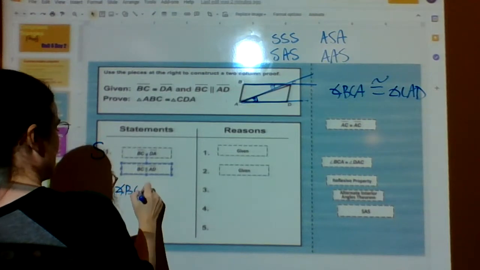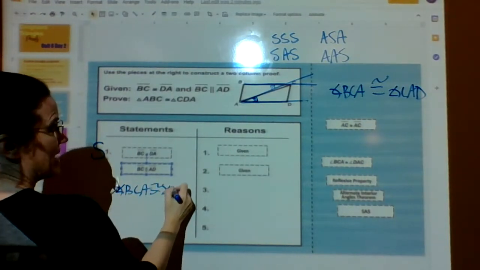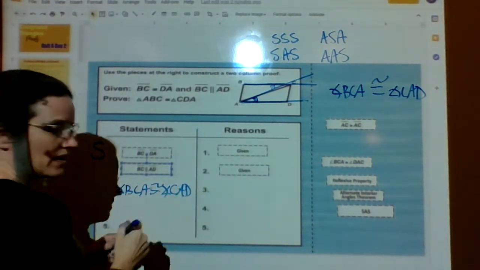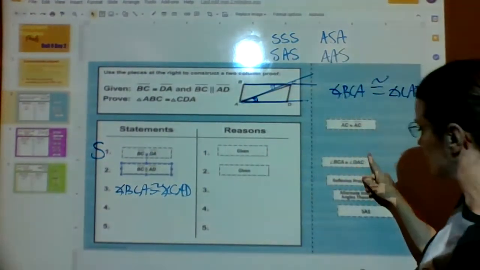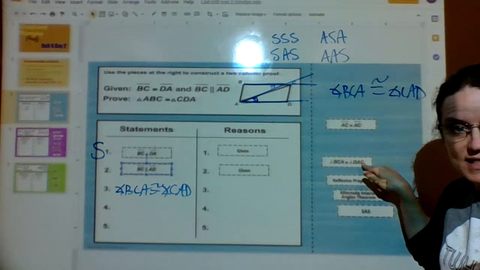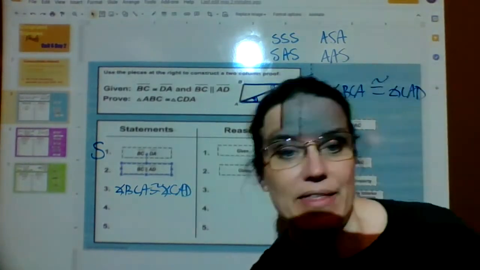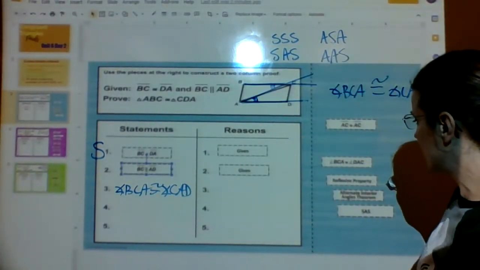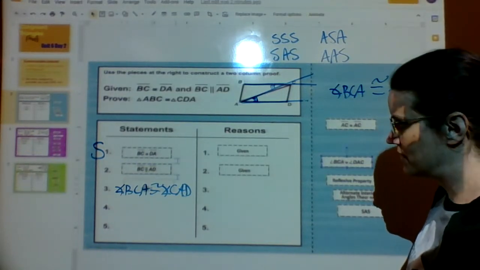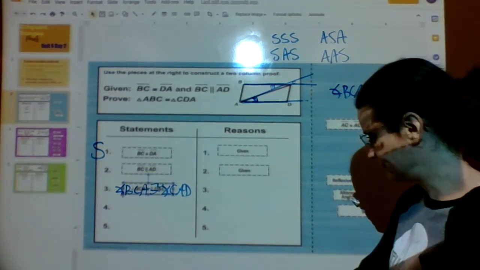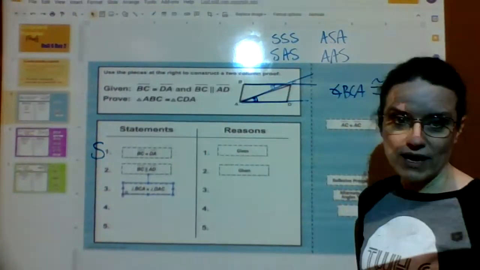Angle BCA is congruent to angle CAD. That's what you would do if you weren't on a computer. But if you're on a computer, you can look and go, oh, here is that thing said right there. So I can just come over here and grab it and put it in that slot. Okay? So you either write it or you grab it and put it there.